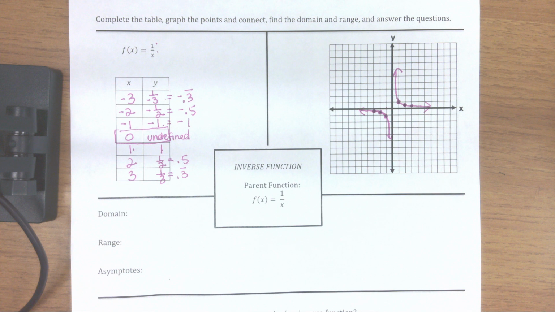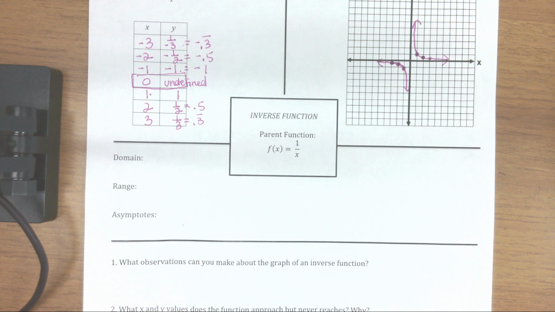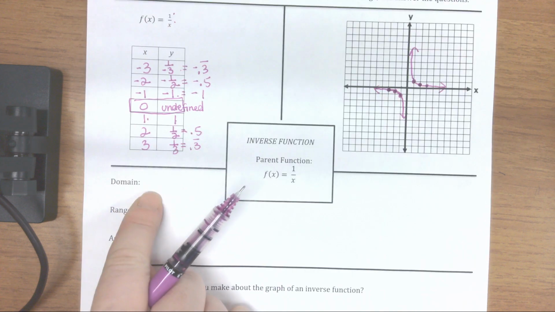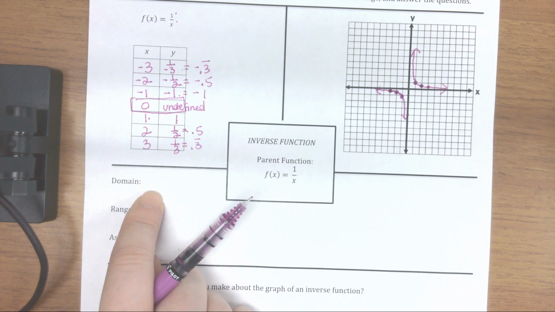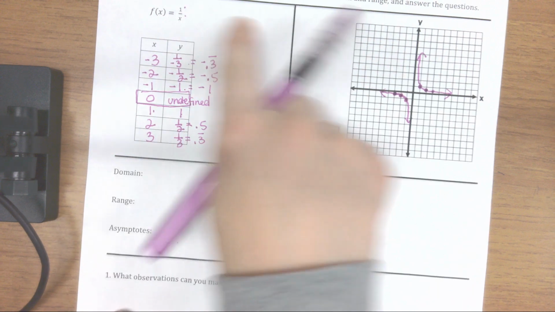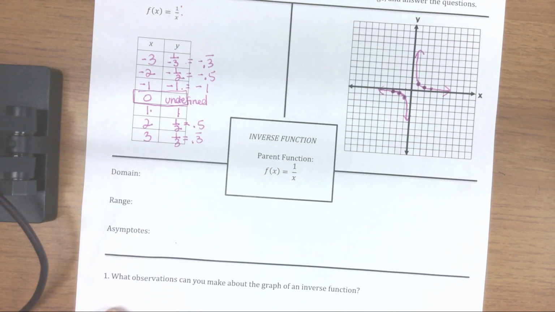All right, so next. We haven't talked about the words domain and range for a while, but here's what I want you to look at. Domain are the x values on the graph. There's one, we can put anything we want in here, but with one value made it undefined. 0.